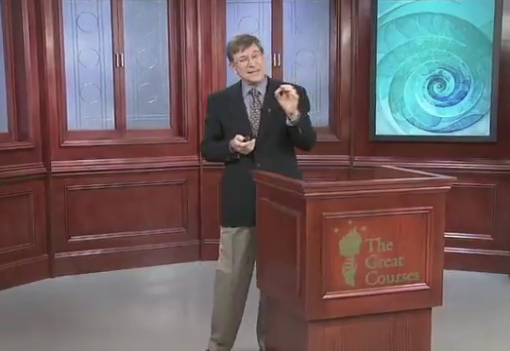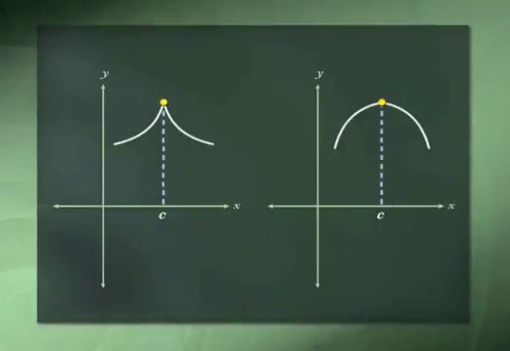And the point is, these are going to be our candidates for relative extrema. Where the derivative is 0 is where it has a horizontal tangent, and where the derivative does not exist might be a sharp corner, and that also could be a relative extremum. Here's a picture of a couple of these cases.